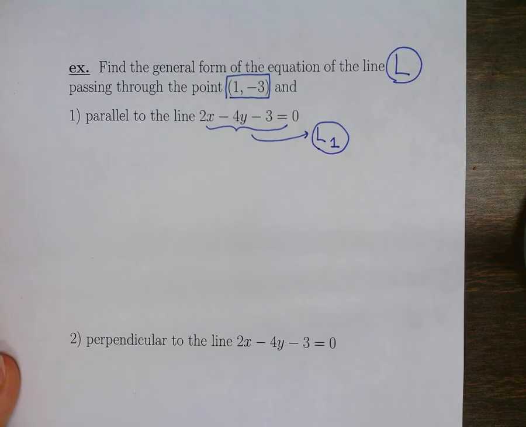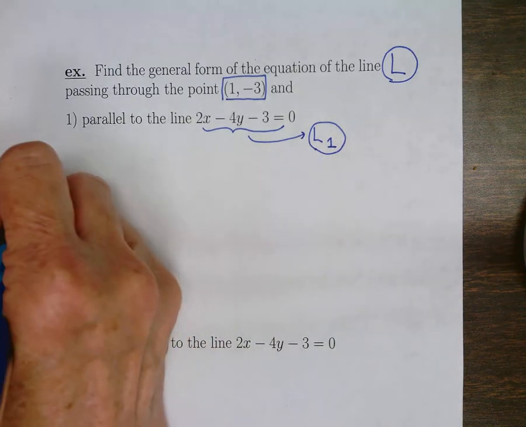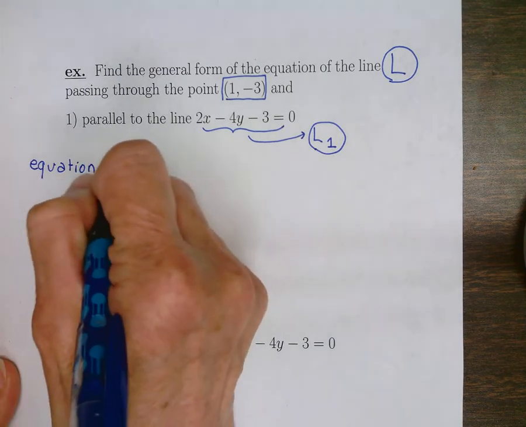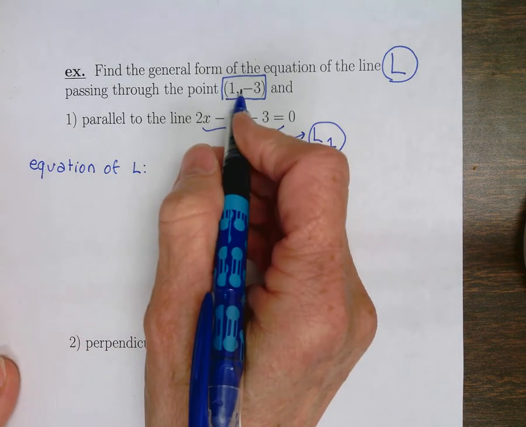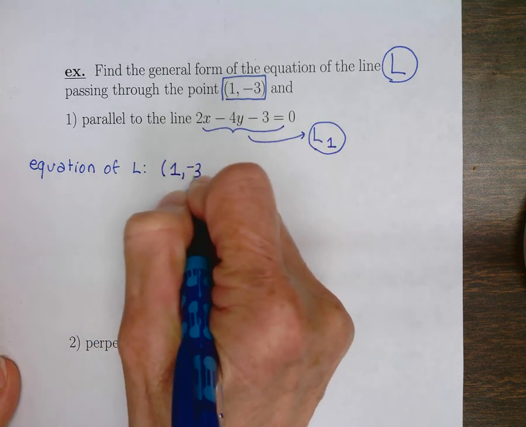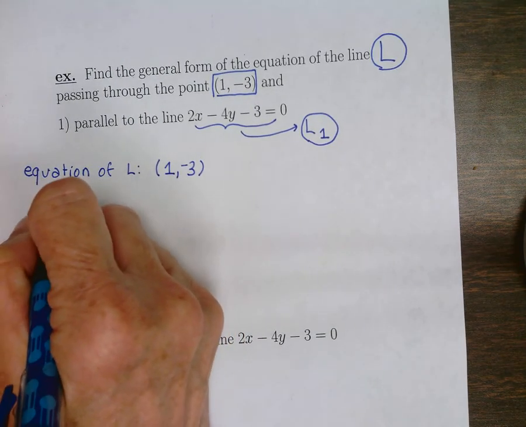Okay, so if I want to write the equation of line L, I need to know two things. I need to know the slope and I need to know a point. Now I know a point, but how do I find the slope? So that's the first thing I have to do.